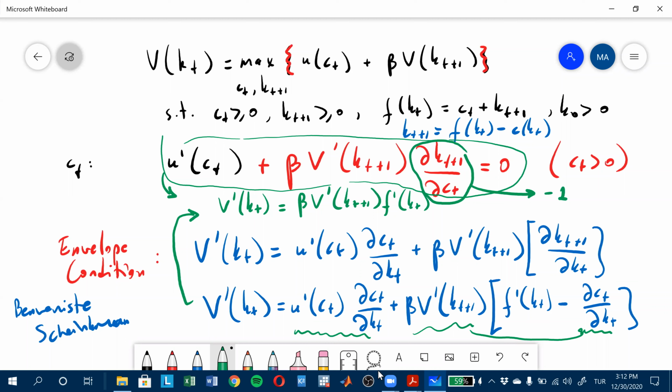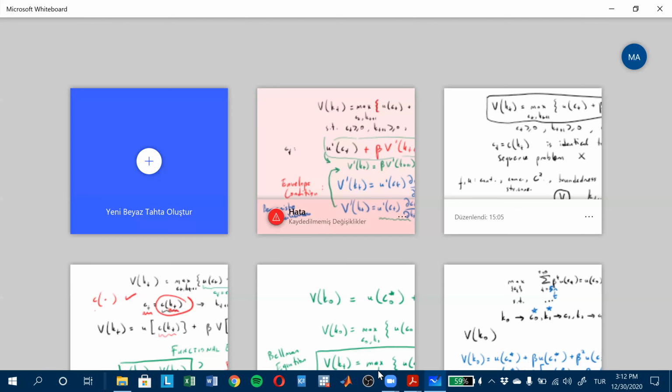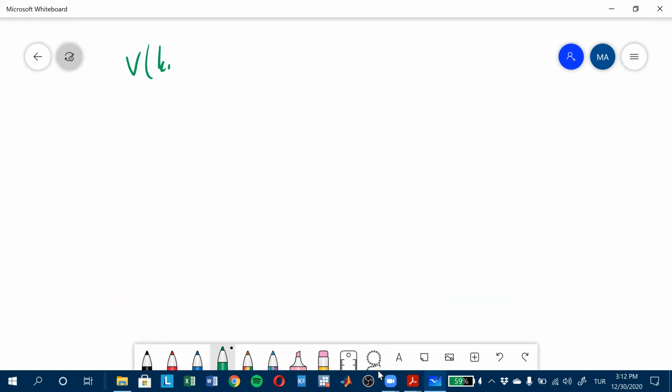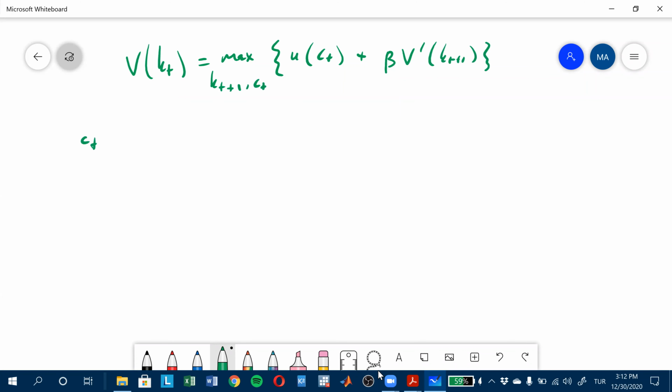Okay? So then, to summarize, what do we have? For the simple problem at hand, we have, first, a first order condition with respect to C_t. It is equal to that.